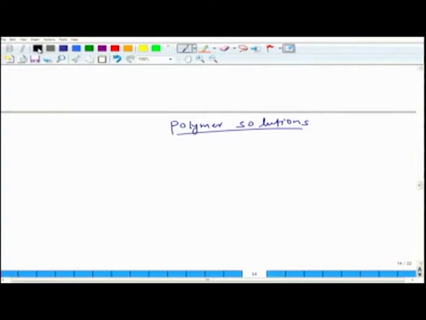Okay. So, if you look at polymer and compare with typical solution or typical solvent, you would see that the polymers are typically made of various different chains, which can be linear or which can be branched.